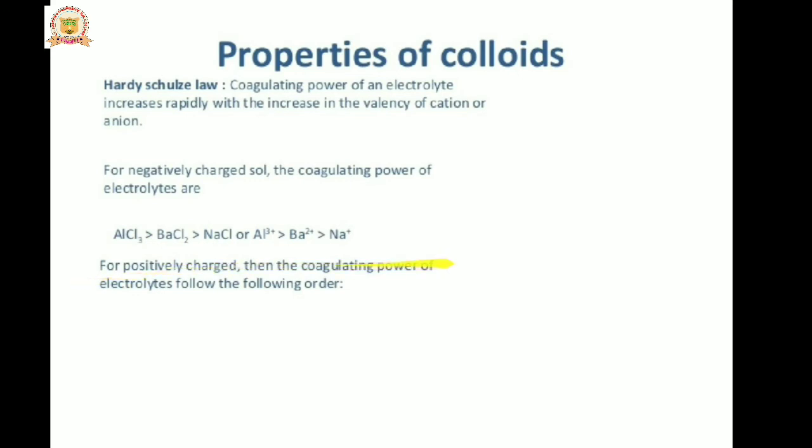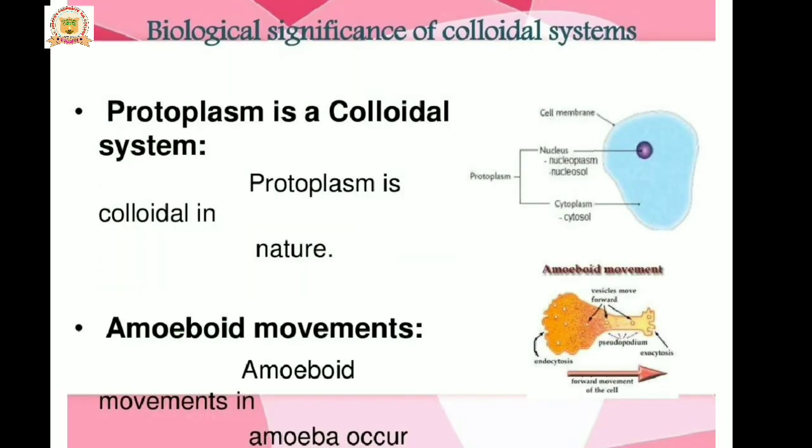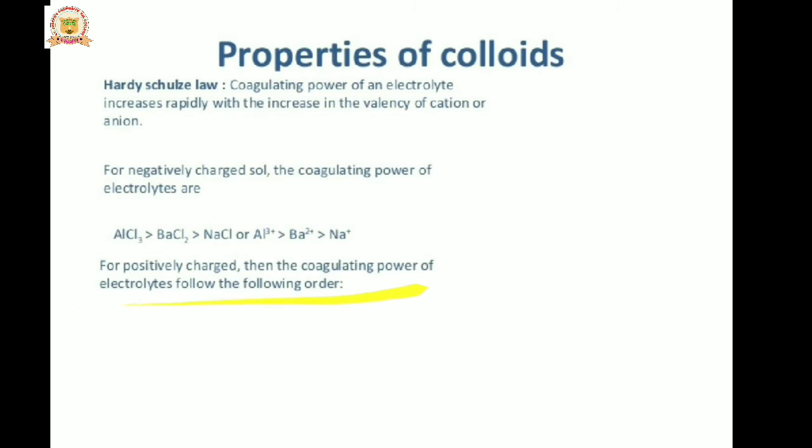For the positively charged sol, the coagulating power of the electrolytes follows this order. In the case of aluminium phosphate, aluminium sulfate or ammonium bromide, phosphate is PO4 3-, sulfate has the 2- valency, SO4 2-, and in ammonium chloride or bromide it is Cl- or Br-.